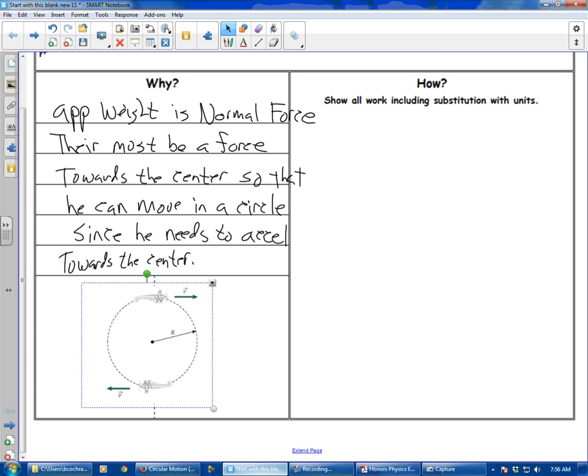I mean, that's kind of the big idea here. To move in a circle, you must accelerate towards the center.